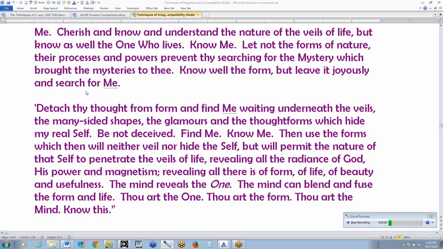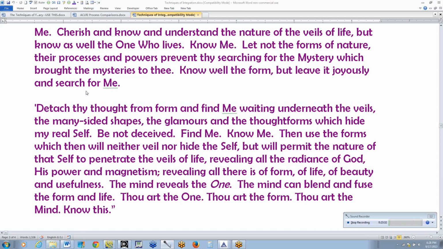These realizations have more to do, in my view, with the third initiation and beyond than strictly those on the path of integration or the path of probation.